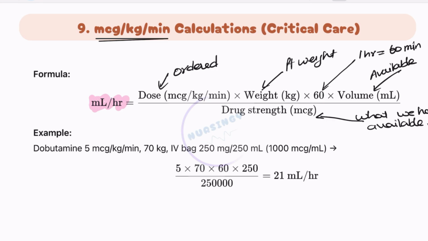For example, the patient has been prescribed dobutamine 5 mcg per kg per minute. So we have our required dose, that is 5 mcg per kg per minute, and the patient weight is 70 kg.